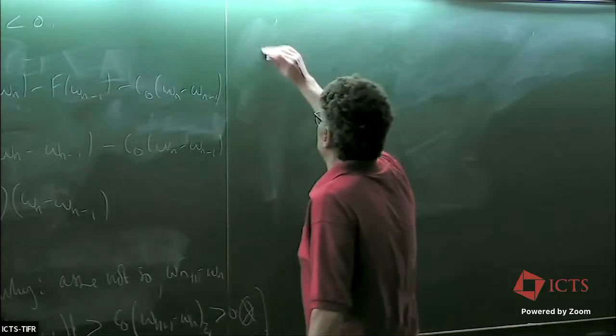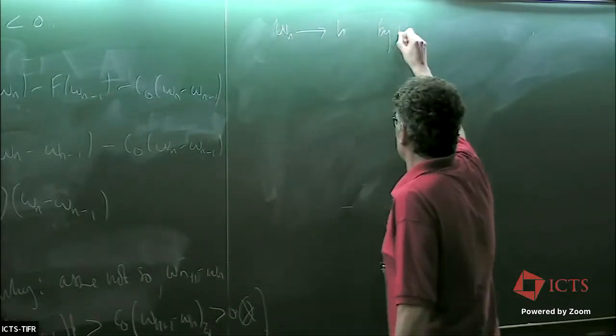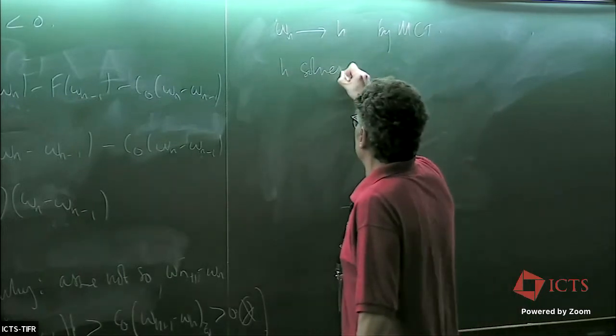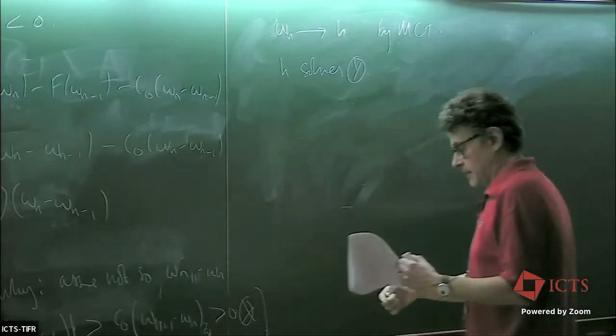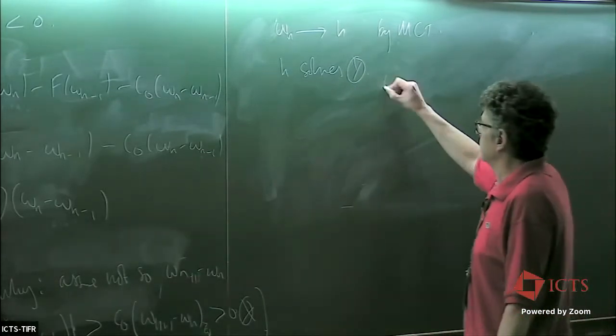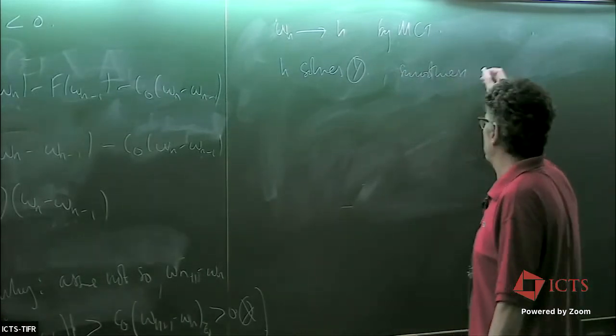Okay, so Wn converges to something, by the monotone convergence theorem, and then you have to show that H solves Yang's equation. And you have to get smoothness. That involves some work, but it's standard.